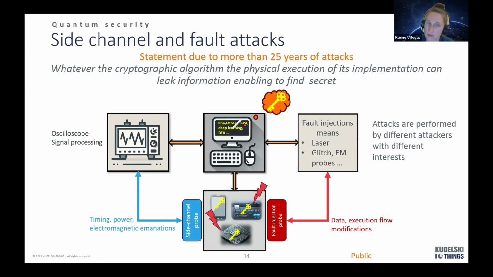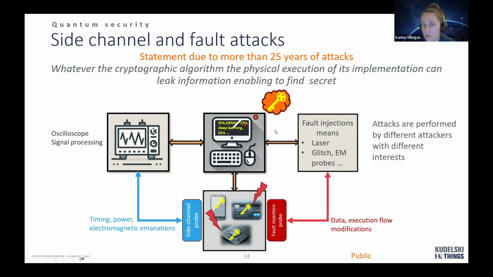And thanks to signal processing or well-known attacks such as correlation power analysis, simple power analysis, or deep learning, we can get the secret. In addition to the side channel attacks, we have the fault attacks. The fault attacks need means for fault injection that are performed during the execution on the component. And this fault alters data, alters the process.